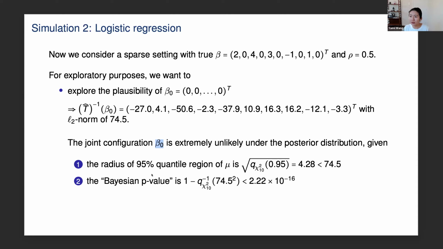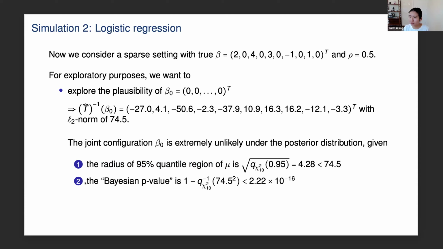So you can do it in 2 ways. First, you can compute the radius of the 95% credible region for a 10-dimensional standard Gaussian, which is just the square root of the chi-square quantile. It should be around 4.3, which is significantly smaller than 74.5.